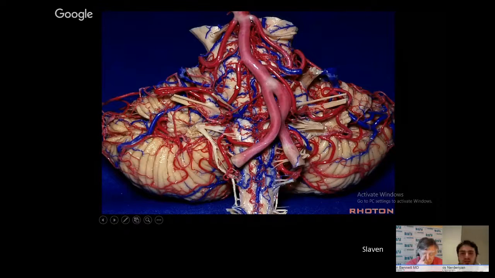I know this looks quite chaotic, but what is the remarkable thing that Professor Rhoton has done? He divided this area into just 3 neurovascular complexes: the upper one, the middle one, and the inferior one. So he designed an anatomical view of this area of the CP angle, which describes all the structures here with their topographical relationships to various structures, and most especially to the parts of the cerebellum.